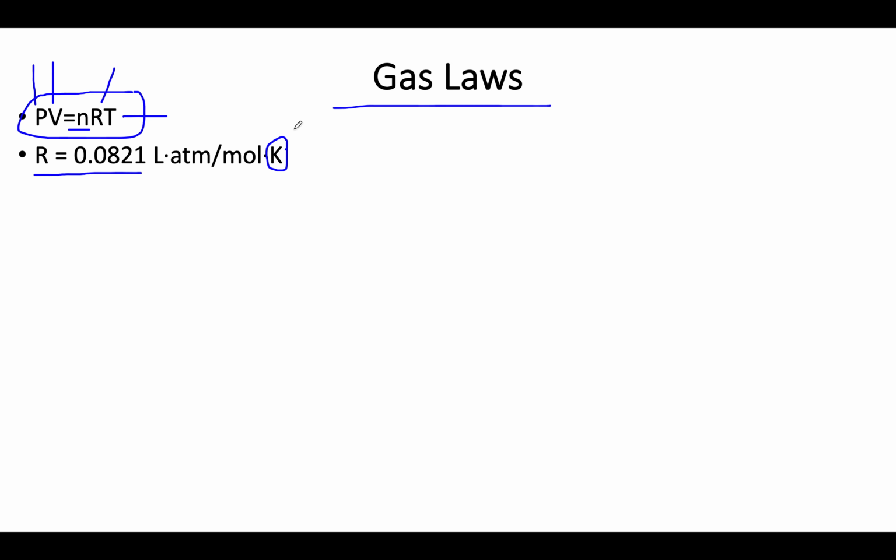So constantly, very first thing when you see a temperature in Celsius, go to Kelvin. That should be step one. The other units are shown here. Moles is n. Pressure has got to be in atmospheres when you use this gas constant, and the volume has to be in liters. So this gas constant's units govern what units all of these are in using this equation.